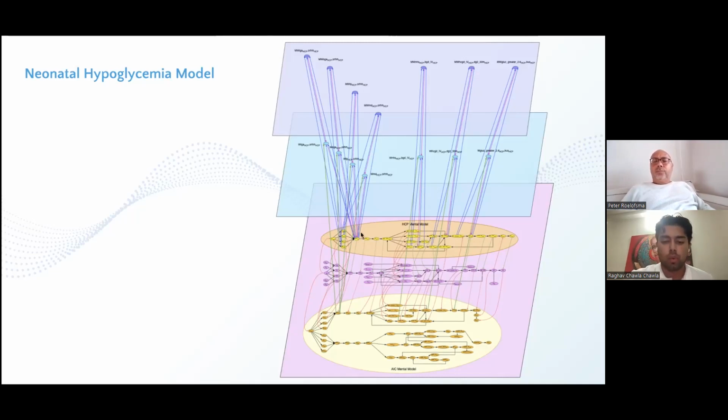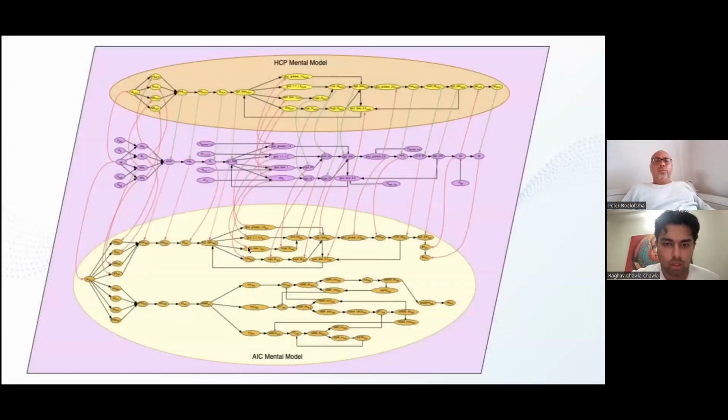So we have the observed risk factor over here. I can actually use the next slide to give you a better overview of the base level without any interference. So we have observed risk factors, and we have making sure that the glucose dose is given if there's a severe case of hypoglycemia.